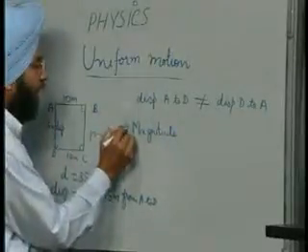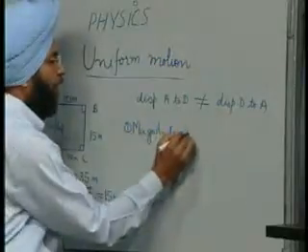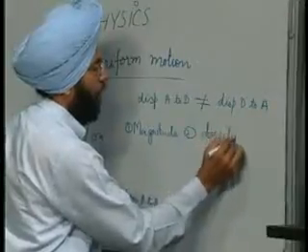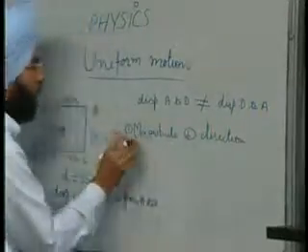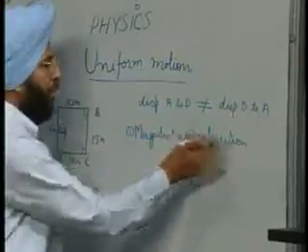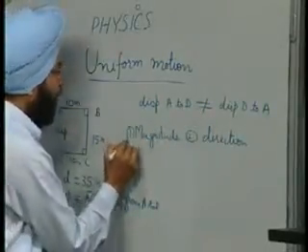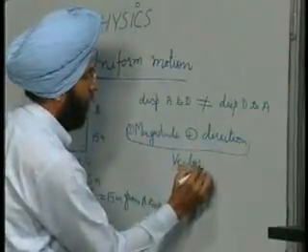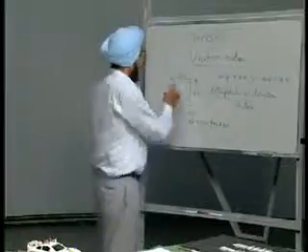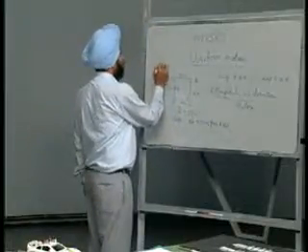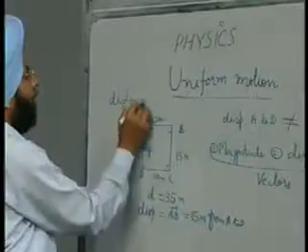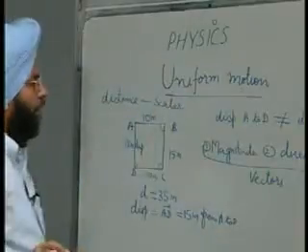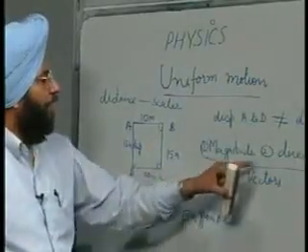We have to add another thing, direction. Such quantities that need magnitude and direction to describe them are called vectors. Distance is a scalar because we needed only magnitude. Displacement is a vector.